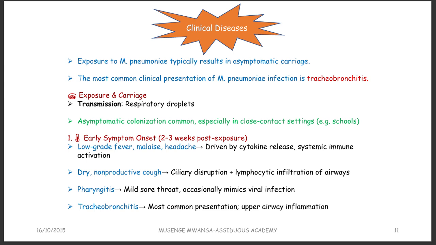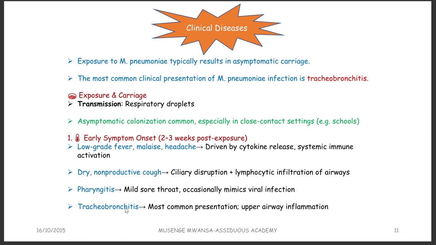And later on, they can develop what we call rheumatic fever. Later on, they can develop rheumatic heart disease, and that is bad because it can lead to heart problems. But even mycoplasma can cause this pharyngitis where someone is going to have only a mild sore throat. But sore throat, again, in children should be investigated, especially between 5 and 15 years.